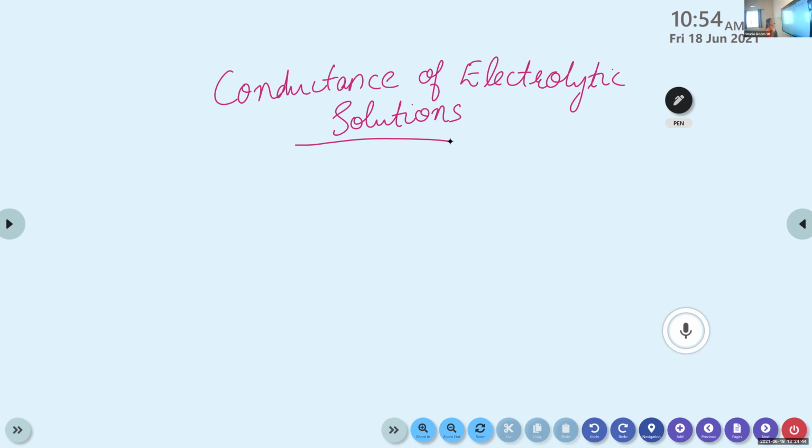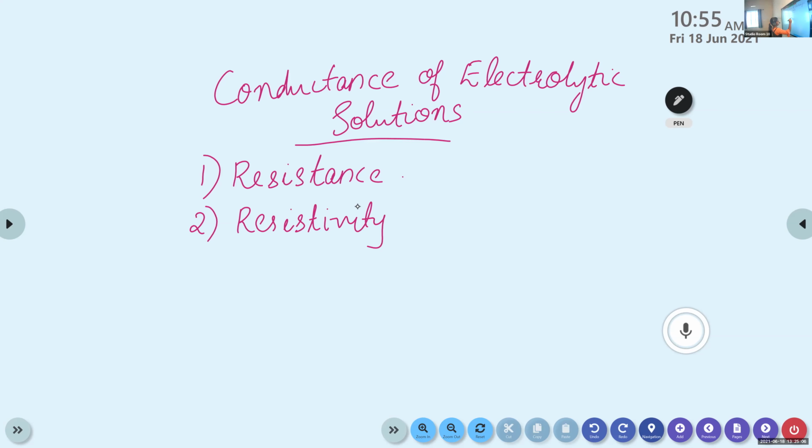So in order to learn this topic, we have to define certain terms. The first one is resistance, the second one is resistivity, the third one is conductance, and the fourth one is conductivity.